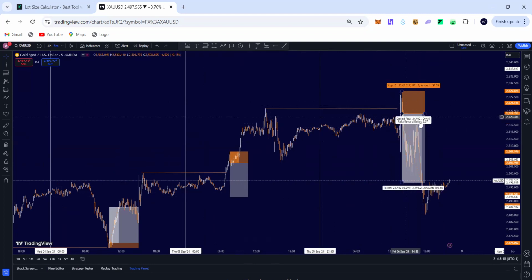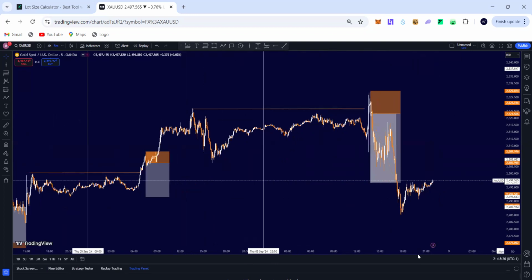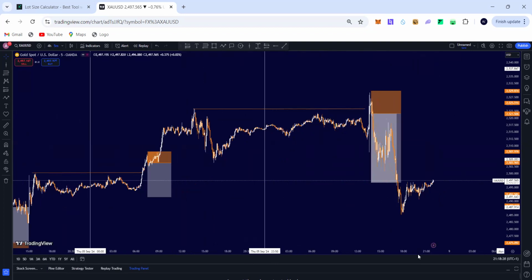This was a trade that was taken during the NFP, after the NFP played out. Now we all know that during news, the market tends to bring what? Volatility. And when that volatility comes in, it increases. If you're using a 20 pip stop loss before, you will notice your stop loss will just increase to 40. So you have to calculate your risk based on the stop loss that is going to occur.